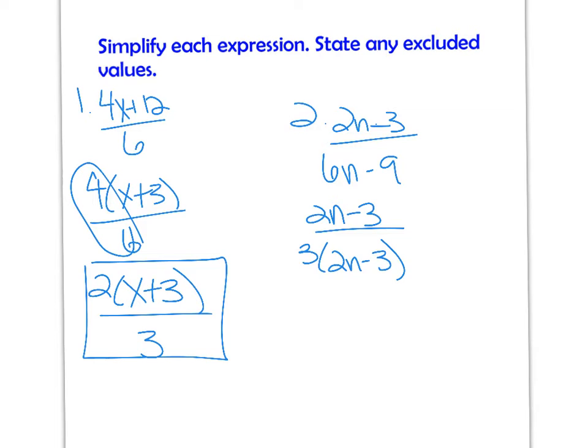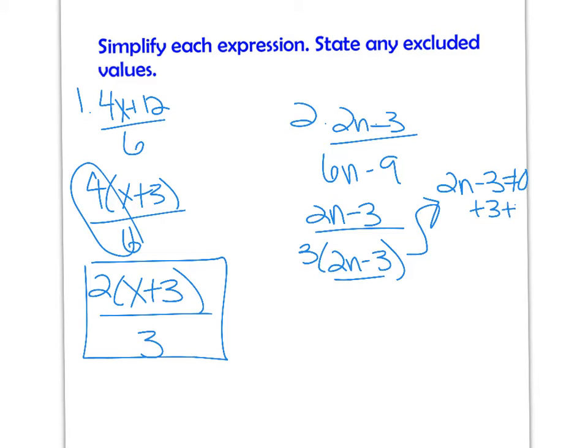Next step is we're supposed to state any excluded values. So if I look at my denominator, I need to decide when is that factor going to equal 0? What would n have to be? This is one where it may not jump out at you right away, so if you're not sure, here's what you're going to do. I know 2n minus 3 can't be 0. If I solve for n, that will tell me what n would have to be when that denominator is 0.